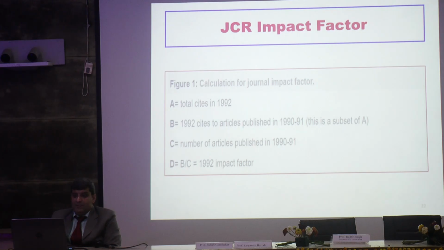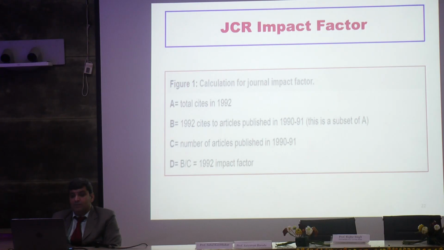So in this JCR impact factor, we have a formula. Total citations in a year to articles published in the previous period. We divide the citations by the number of publications. That is the ratio of the citations divided by the number of publications.